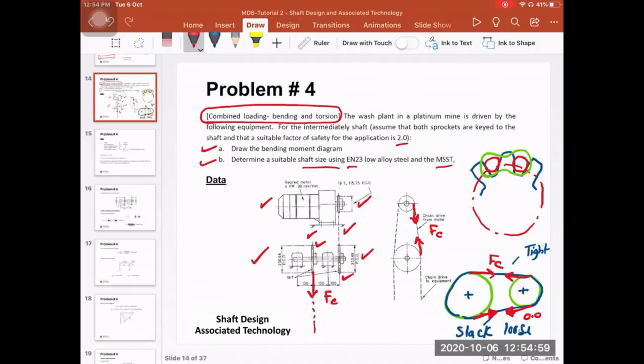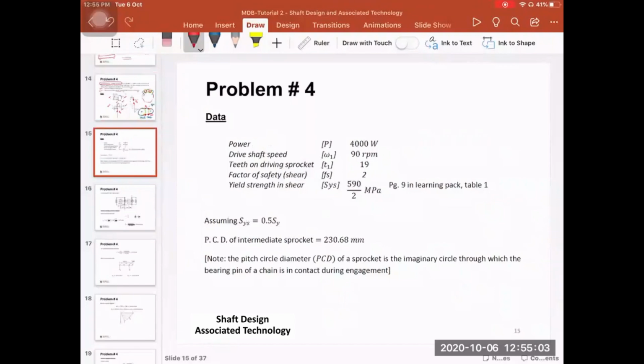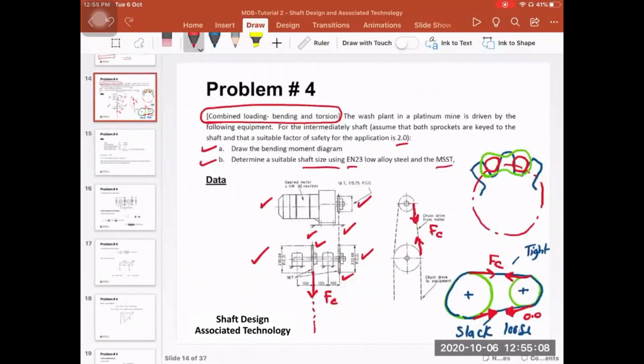So what I will do now is first review what data we've got. You might not have seen this, but you see here the power is given as 4 kilowatts. The RPM of the motor on this sprocket is given as 90 RPM. The number of teeth on this sprocket is 19.